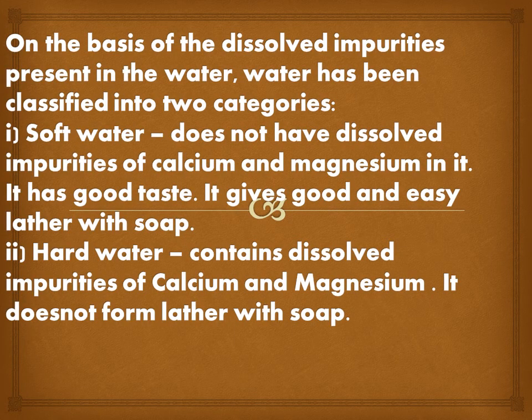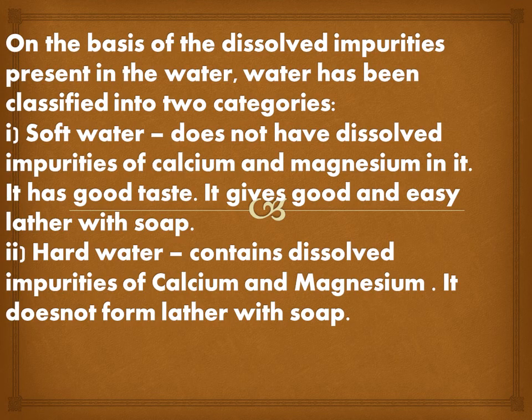On the basis of dissolved impurities present in water, water has been classified into two categories, soft water and hard water. Soft water does not have dissolved impurities of calcium and magnesium in it. It has a good taste. It gives good and easy lather with soap. What is lather? Foam.